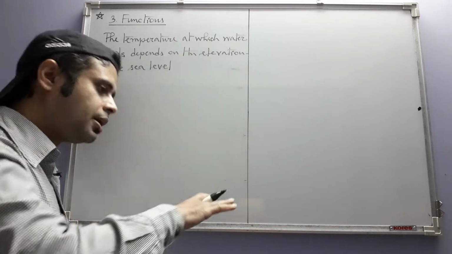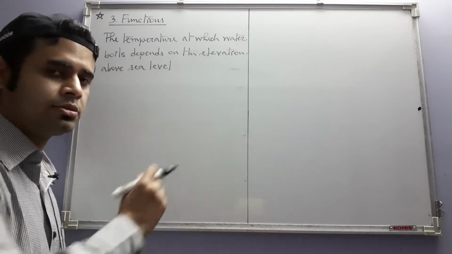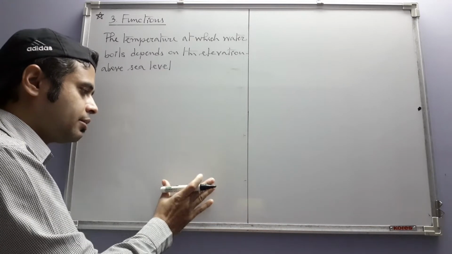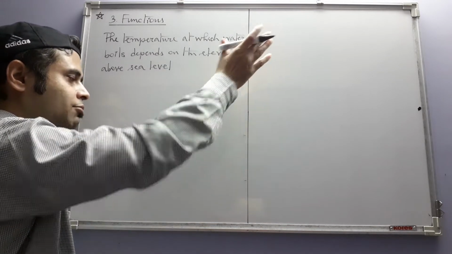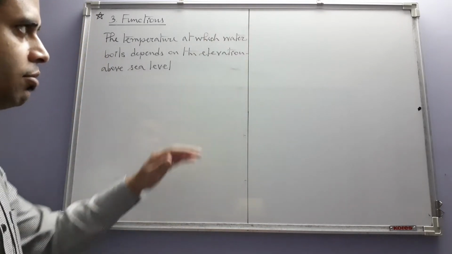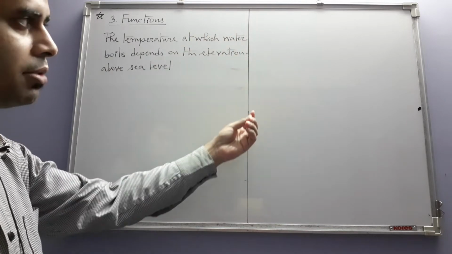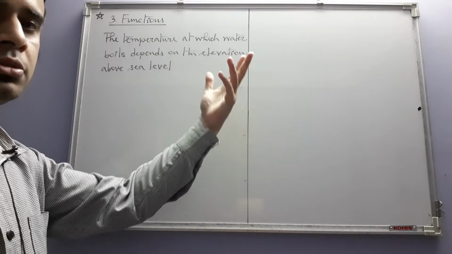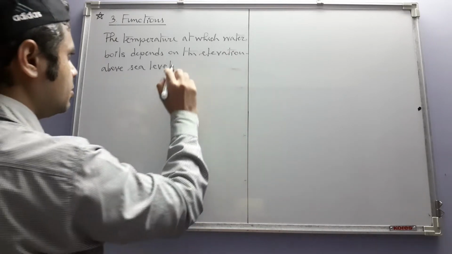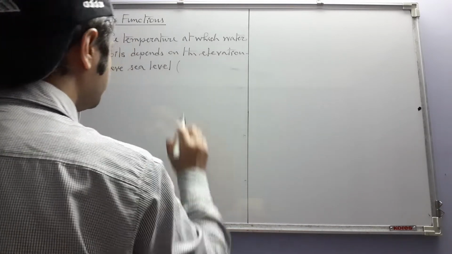So that is pressing down on the body of water, so it becomes somewhat difficult for the molecules to leave. And now if you take that body of water at a height above sea level, then you have less atmosphere above it, so less atmospheric pressure, so it becomes easier for the molecules to leave the body of water, so the boiling point drops. The boiling point drops as we ascend.